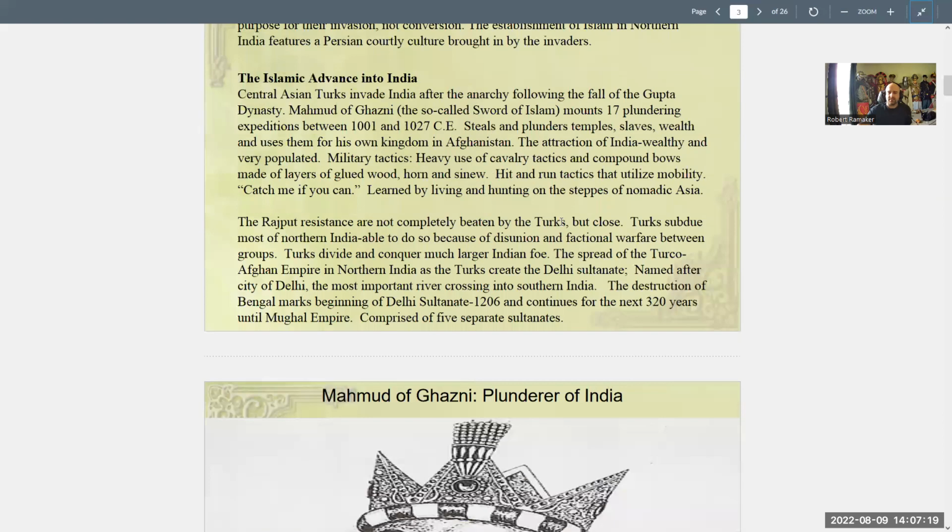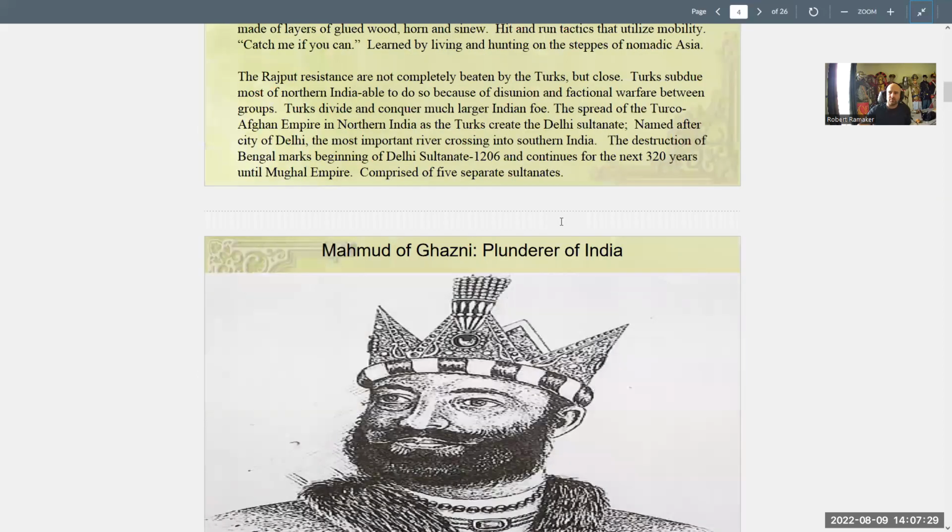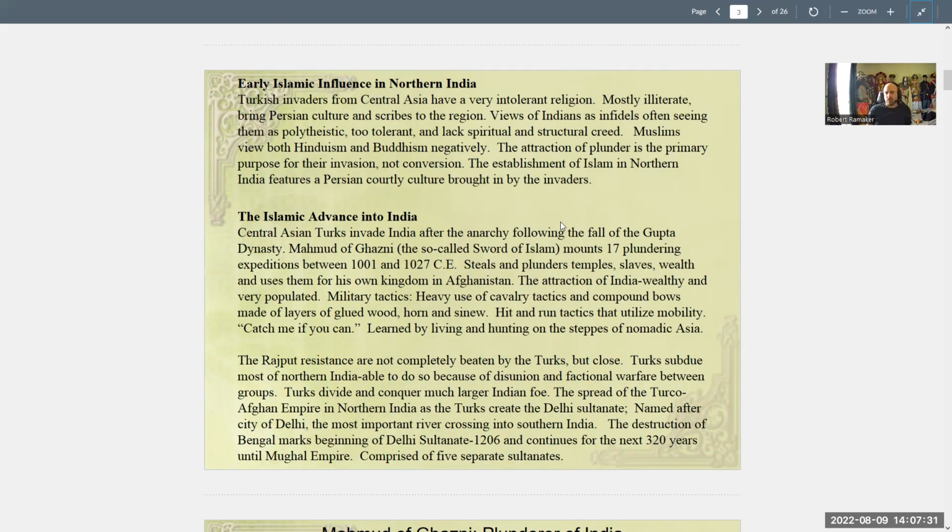Mahmud of Ghazni is the man you see here. He's going to lead, I think, 13 or 14 different plundering expeditions into India. Those expeditions were very successful in bringing a variety of goods and wealth into his dynasty. These are mostly large scale raids.